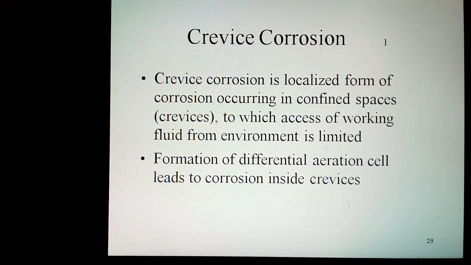Crevice corrosion. Crevice corrosion is a localized form of corrosion occurring in confined spaces or crevices, to which the access of the working fluid from the environment is limited. Formation of a differential aeration cell leads to corrosion inside the crevices.